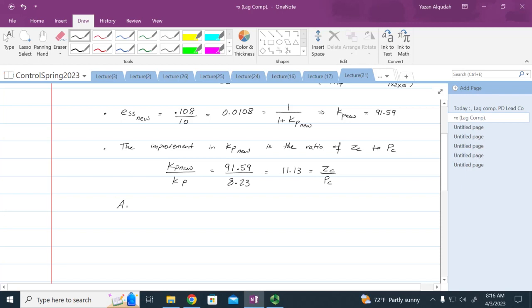We can arbitrarily select the locations. We can select PC to equal 0.01. And this will give me ZC that is equal to 11.13 multiplied by PC, which is going to equal 0.111. Is that clear? Everybody?